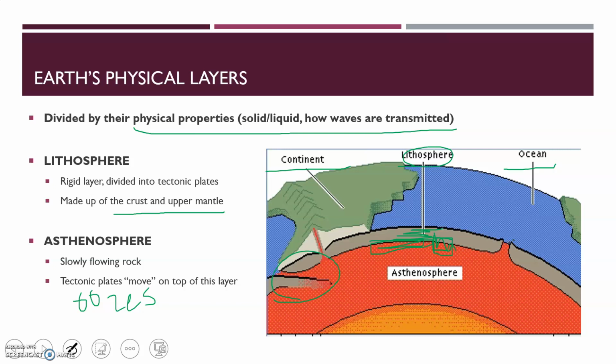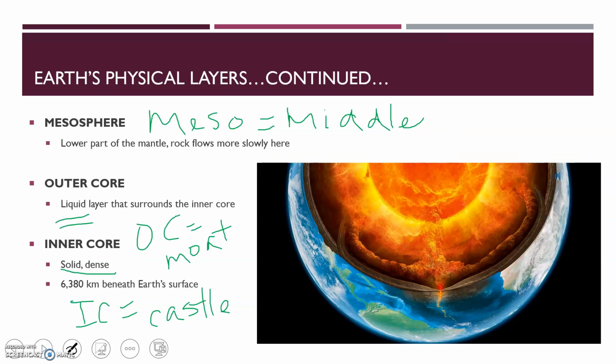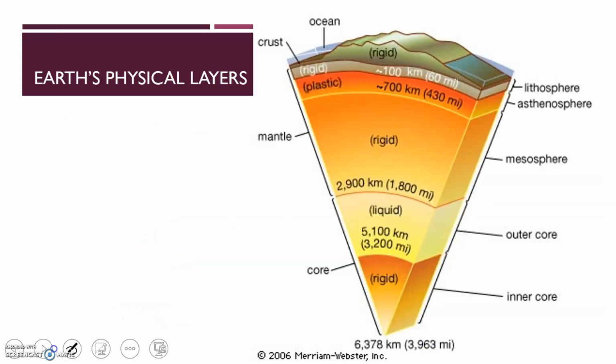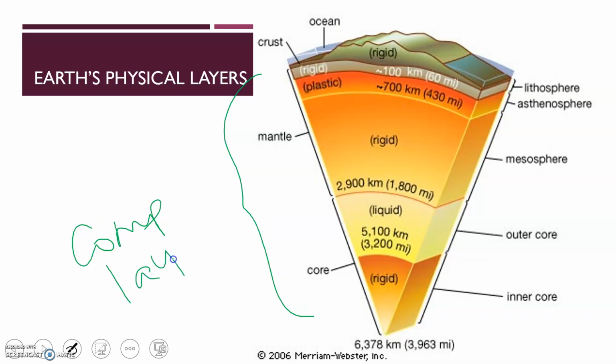Then we have the mesosphere, which is the middle layer, and then you have the outer core, which is liquid, and the inner core, which is solid. Here we go. When you put them all together, these three over here are the composition layers, the crust, mantle, and core. And all of these are the physical: the lithosphere, asthenosphere, mesosphere, outer and inner core.